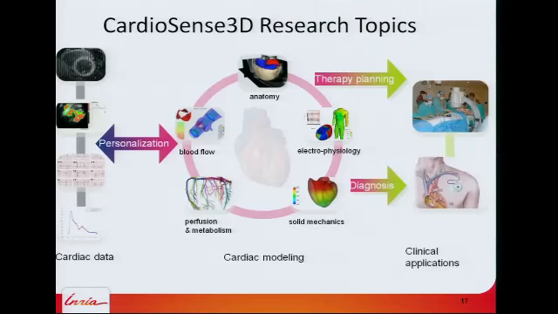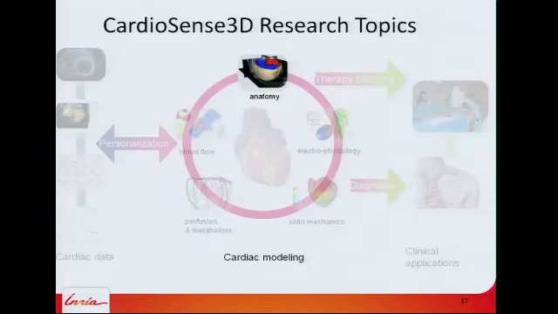So this is, again, the big picture of this work. We have basically the cardiac models that I've already mentioned. You have a personalization stage. And once you have personalized your model, you can use them for therapy planning and diagnosis. Now I will go through very quickly the different aspects of this work.